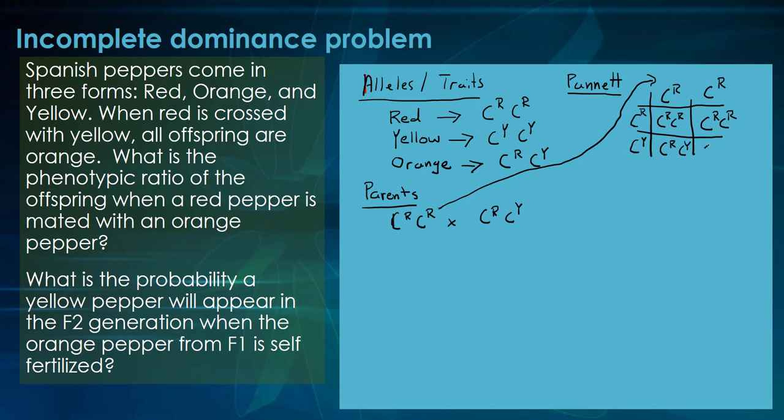So I believe we've got one of our answers there, because after we do our Punnett square, we're ready to do answer. So let's come down here to answer. And indeed, the question, what is the phenotypic ratio of offspring when red is mated with orange? Well, I can write that over here. So we've got 50% of these offspring are red and 50% are orange.